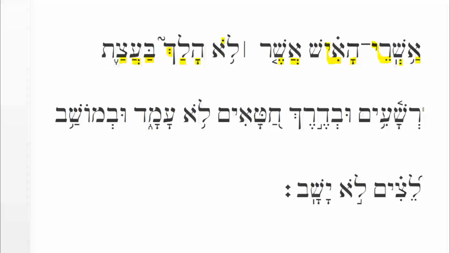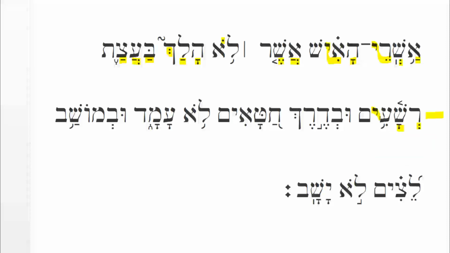Coming down to the next line, we have rishaim. So we have the resh has a vocal shewa. It comes at the beginning of a word, so it's always going to be a vocal shewa at the beginning of a word. Then we have the sheen has a qamets.